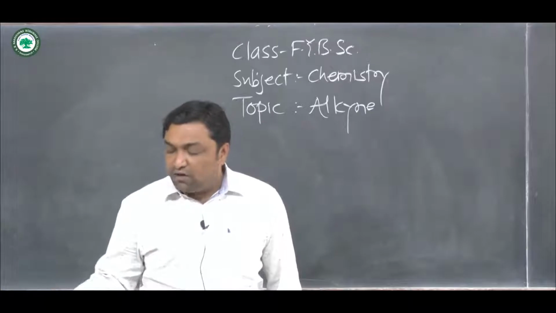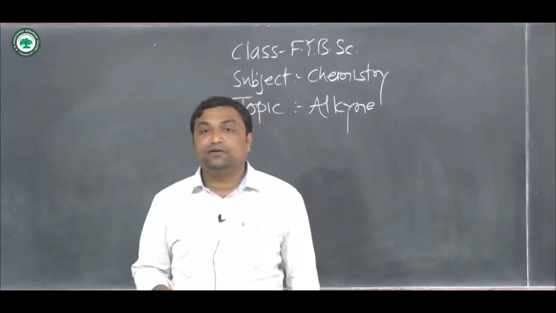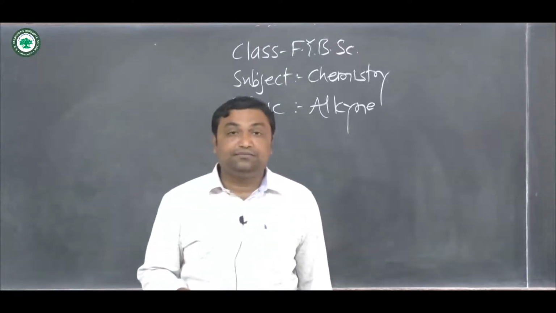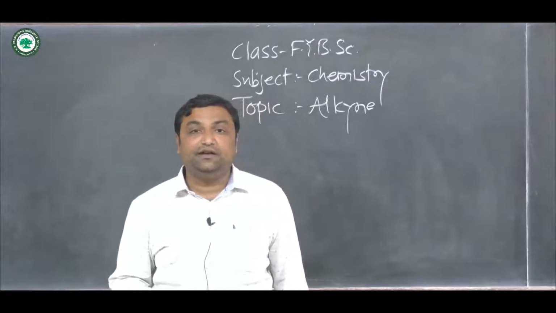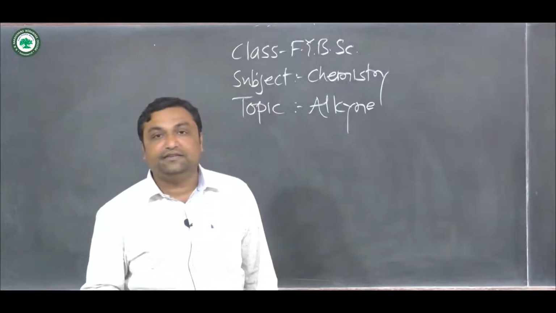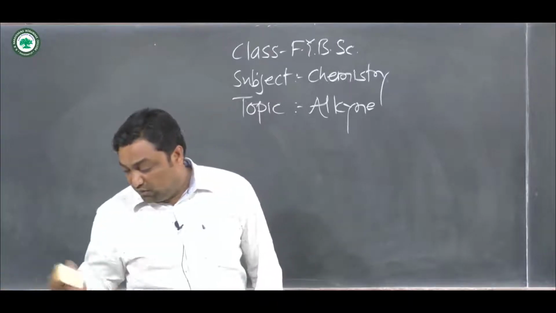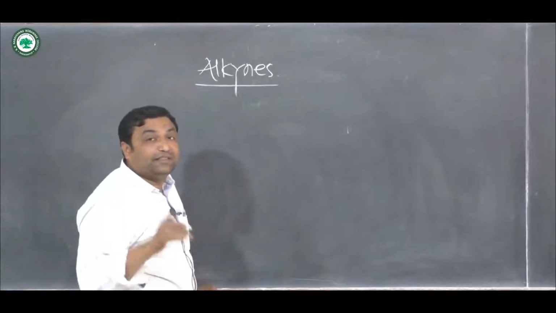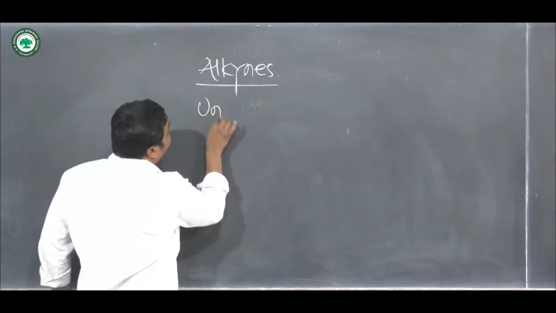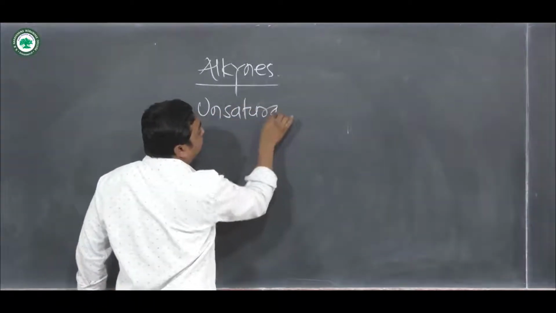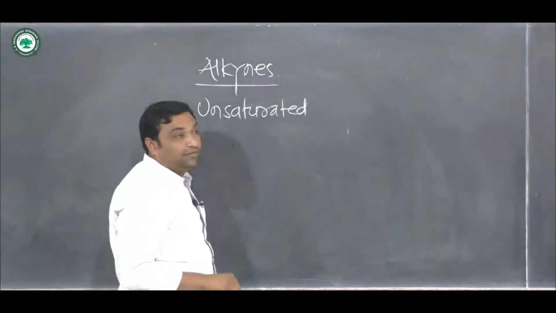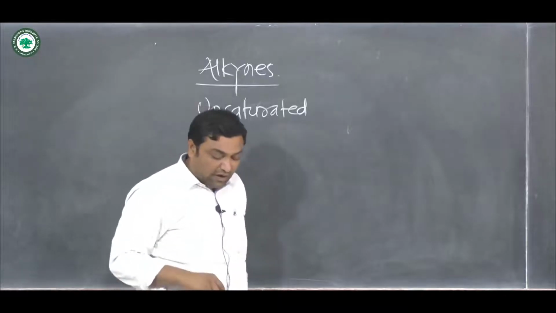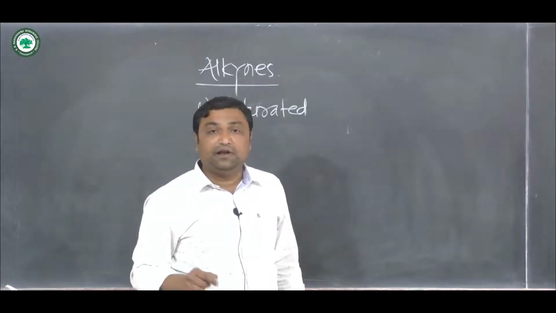Now, we are moving towards our next topic, that is alkynes. Now, we all know that alkynes are the unsaturated hydrocarbons which contain a carbon-carbon triple bond. As I told you earlier, alkynes are unsaturated hydrocarbons, because in alkynes there are only two elements present, carbon and hydrogen.